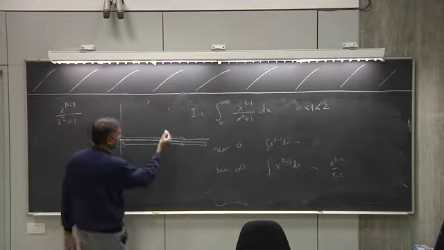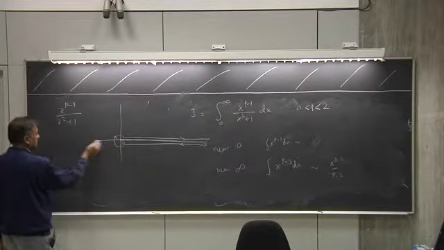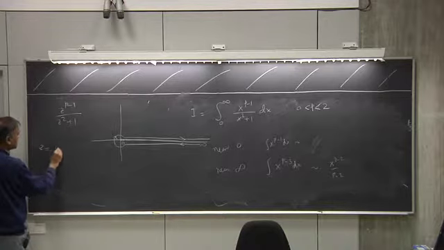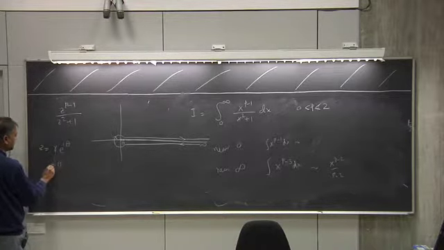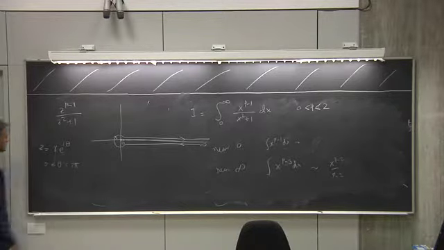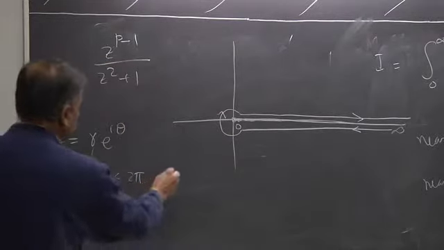Okay. So let me choose my sheet in such a way that in this sheet, when we write z in polar coordinates as r times e to the i theta, theta is between 0 and 2 pi. Let me call this the first sheet.